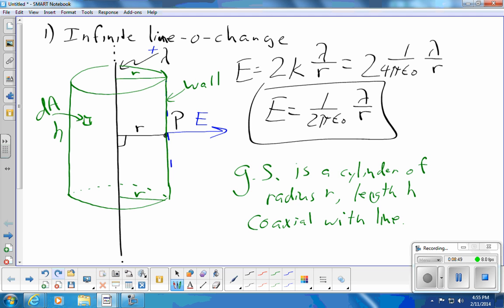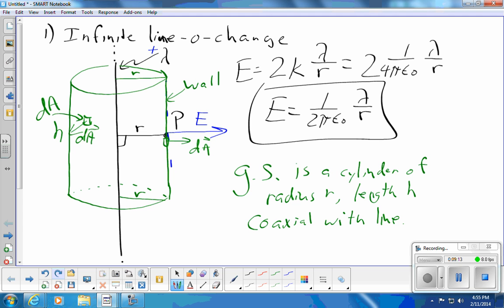I'm trying to draw some 3D stuff over here. That's the dA vector, directly out of that Gaussian surface. If I look at an area on the right-hand edge, there's a little tiny area vector over here. The area vector is going to point directly out, radially away from the line of charge.